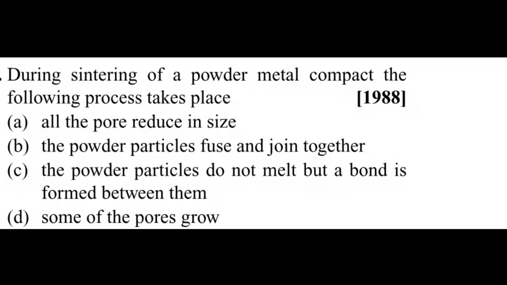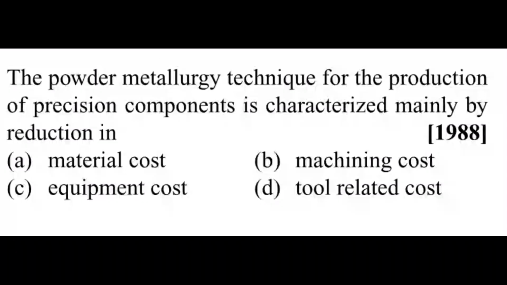During sintering of a powder metal compact, the powder particles do not melt, but a bond is formed between them. The powder metallurgy technique for the production of precision components is characterized mainly by reduction in machining cost.